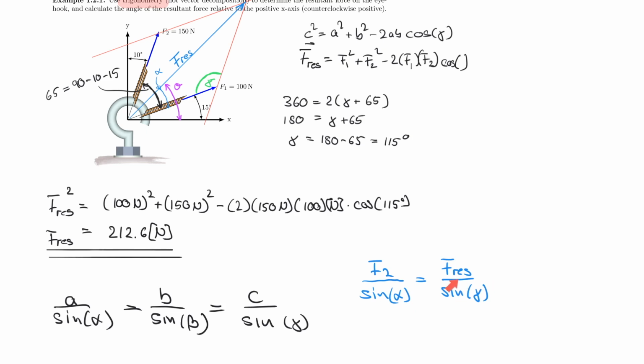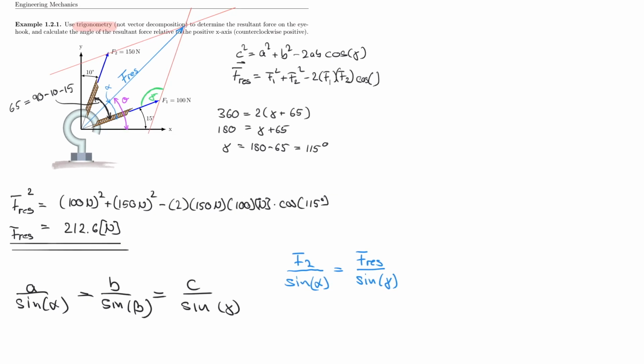And now all I have to do is solve this effectively for sine alpha. So I bring that to the other side, bring these over. Let's do that real quick. So that sine alpha is equal to F2 over F resultant times sine gamma. And now all I have to do is populate that with numbers.